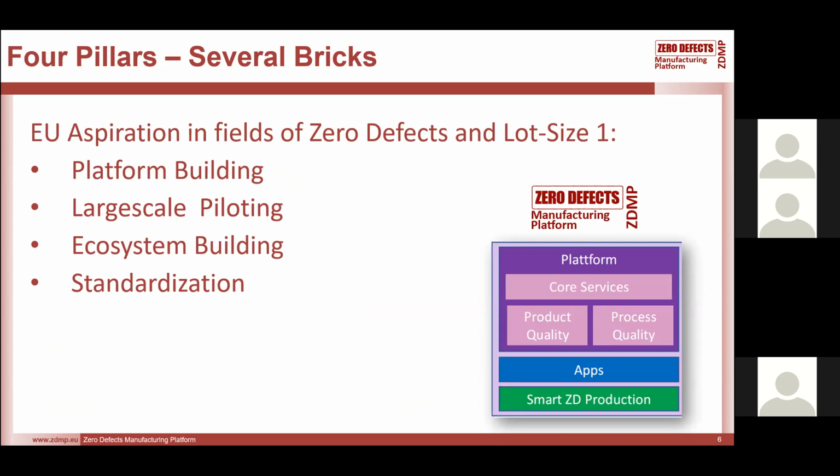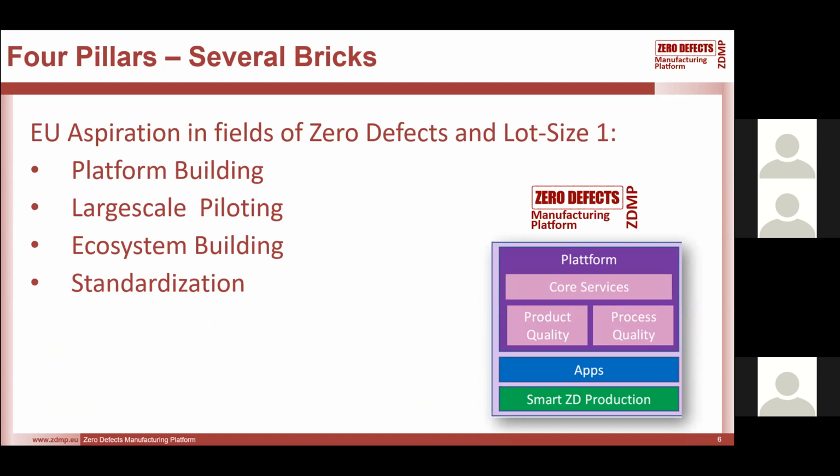I talked about this being a platform project. This was launched in a European Commission call from about 3 years ago. At a very high level, what they wanted was platform building, large-scale piloting, ecosystem building, and standardization. These are 4 things which are very important to the project, and you can guess all the subcalls fit into ecosystem building. But we're looking for these other things as well, piloting and standardization.